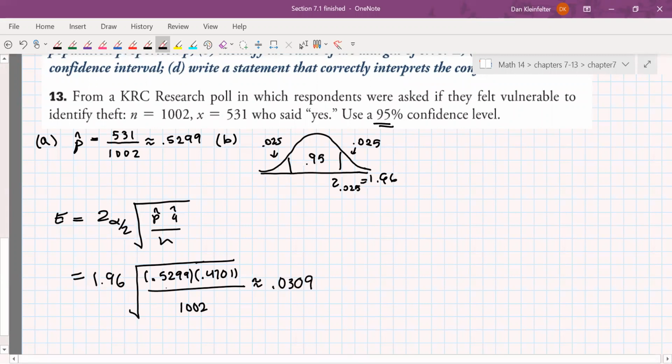Okay, and so our confidence interval is P hat plus or minus E. So our P hat was 0.5299 plus and minus the E we just calculated, 0.0309. Writing it as an inequality, we'll take 0.5299 minus the 0.0309, get 0.499.